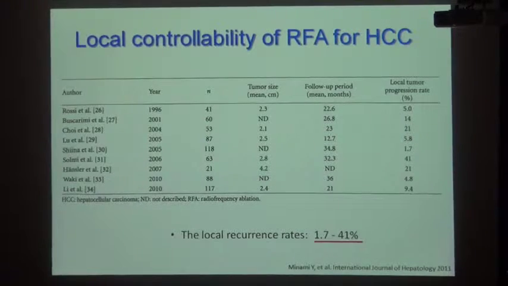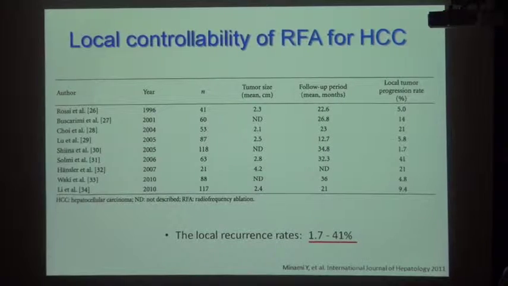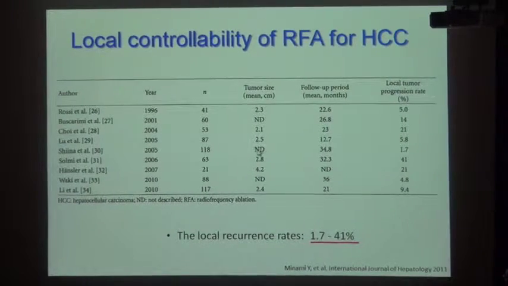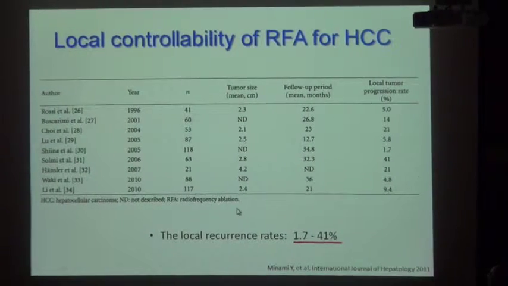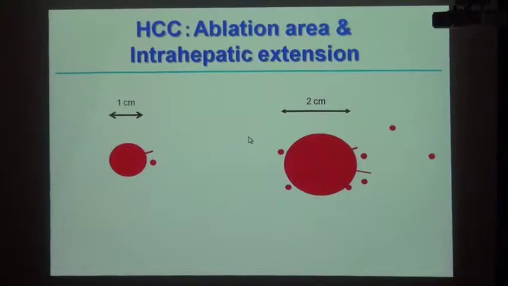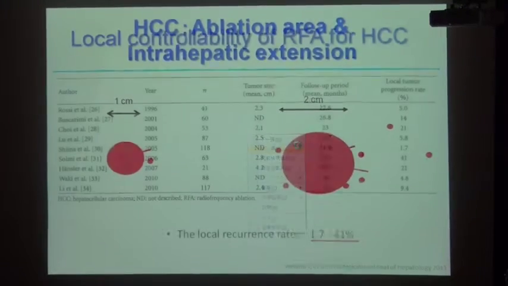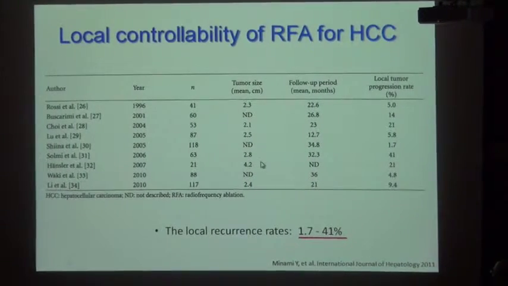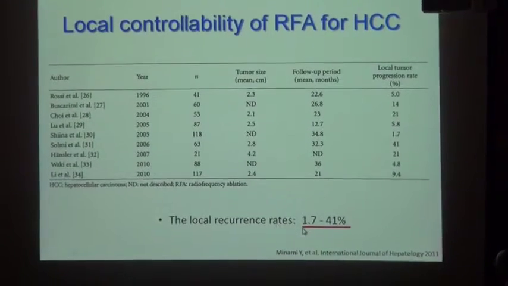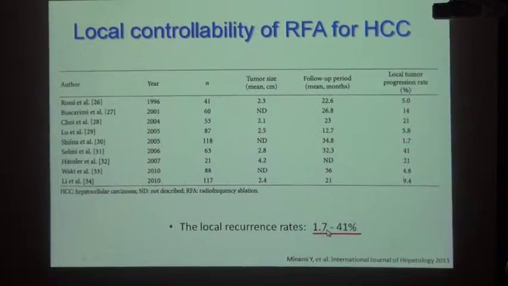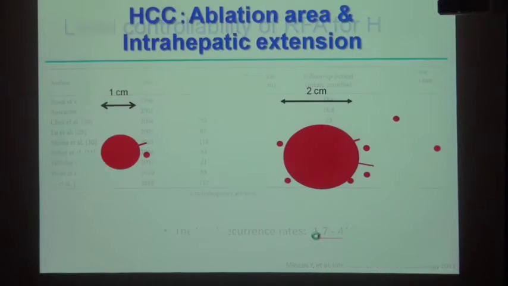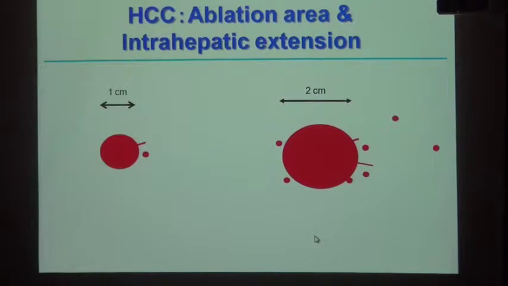This is a table of the local controllability of RFA. In many papers, mean tumor size is more than 2 centimeters. It is reported that the local recurrence rate ranges from 1.7 to 41%. This is a mechanism of local recurrences.